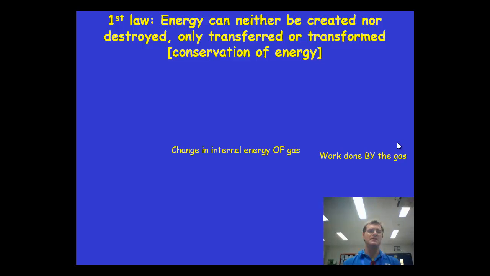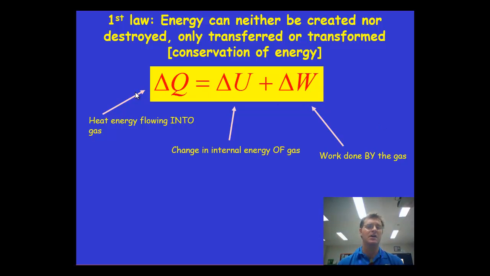The first law of thermodynamics says that energy can be neither created nor destroyed, only transferred or transformed. Now, within the context of work and heat transformation, that means if I look at a gas, I know that the heat energy flowing into the gas, so that's the energy being provided to the gas, is going to be transformed into either the change in internal energy of the gas, or is going to be used by the gas to do some work in some way.